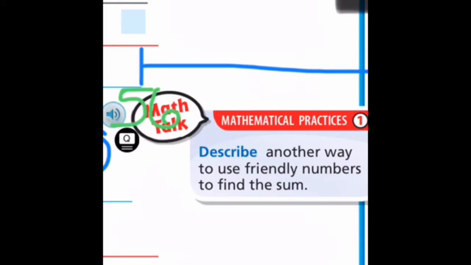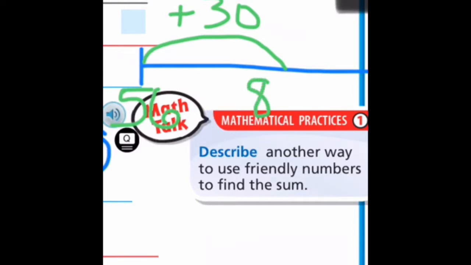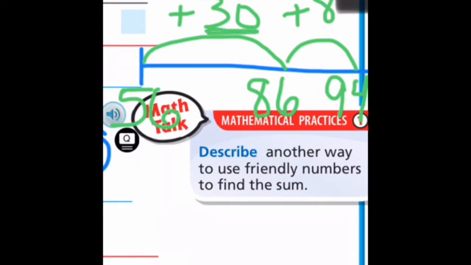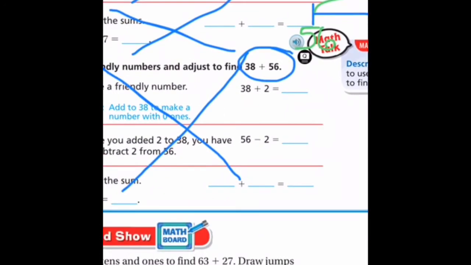So instead of jumping by 10 and 10 and 10, which is a total of 30, if you're comfortable, you could just jump to 30. Okay, 56 plus 30 gets me to 86, and then I could add 8 more, and I have 94. So it's still the same strategy, but instead of going 10, 10, 10, I just do the 30 all at once.